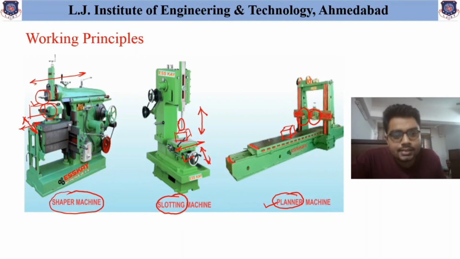The major difference between the Shaper and the Planer machine is that in the Shaper machine reciprocating movement is given to the tool, whereas in the Planer machine reciprocating movement is given to the workpiece, and this entire table reciprocates about this particular bed.